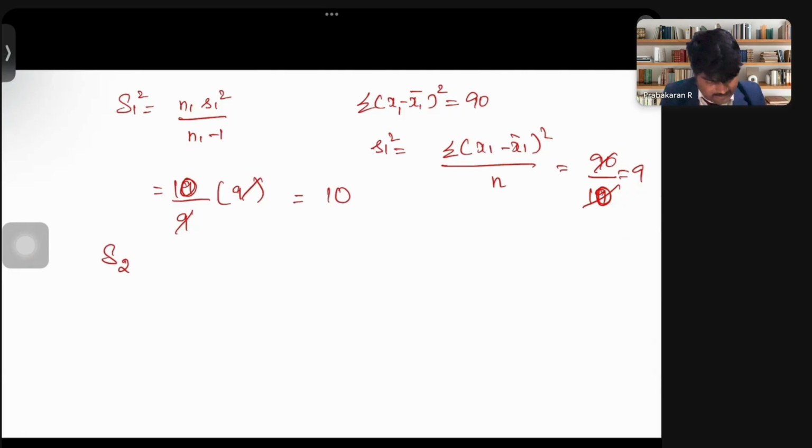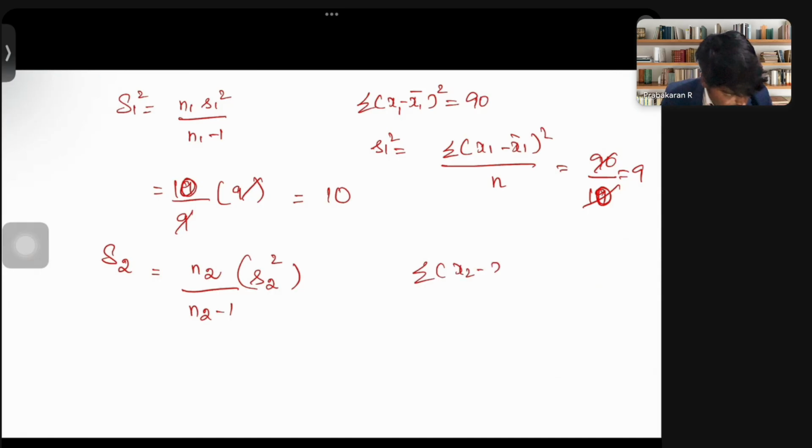Similarly, S2 square is n2 by n2 minus 1 times small s2 square, where the summation of x2 minus x2 bar whole square value is 108.